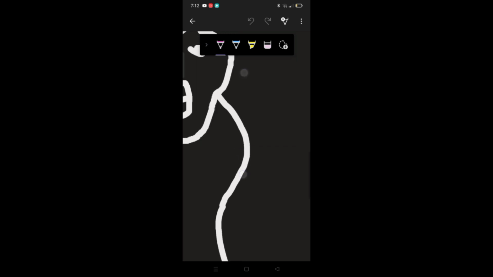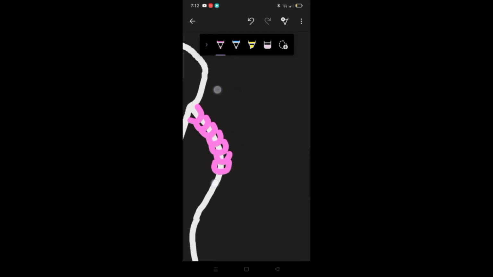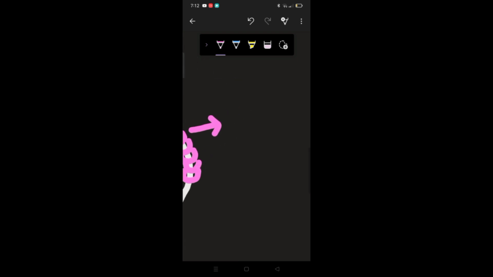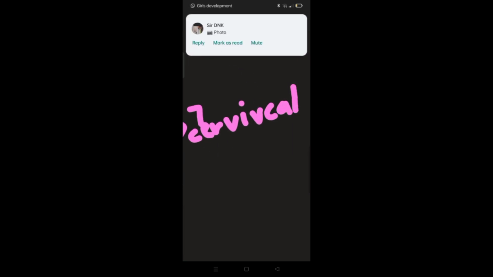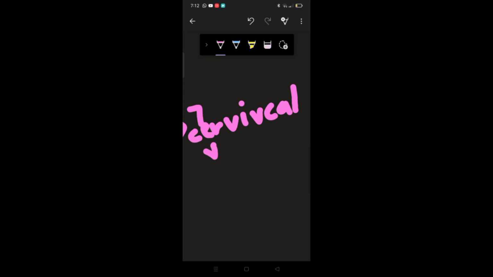So first 7 we have cervical vertebrae. So let me make here 1, 2, 3, 4, 5, 6 and 7. These are 7 cervical vertebrae.